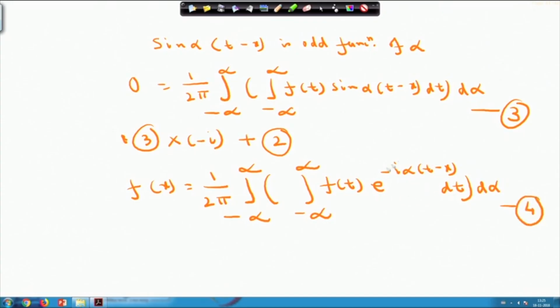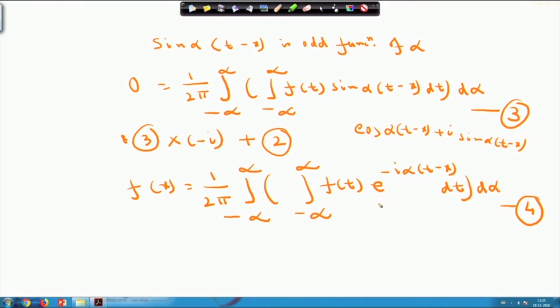This e power minus I alpha into (t minus x) I am getting from cos of alpha into (t minus x) plus I into sin of alpha into (t minus x).